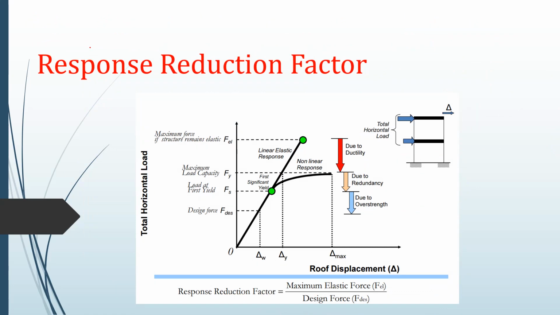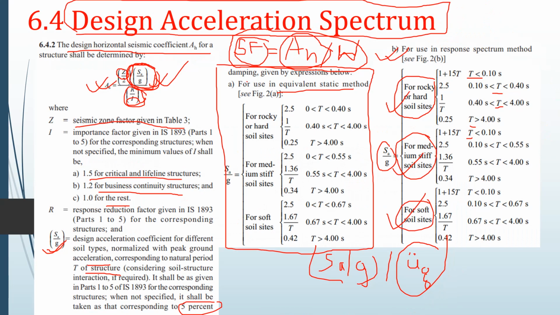So I wanted to talk a little about the response reduction factor before moving on to the next slide. You saw in our formula for the design horizontal seismic coefficient, it was Z over 2, Sa over g, and I over R. Let's go back to our previous slide.